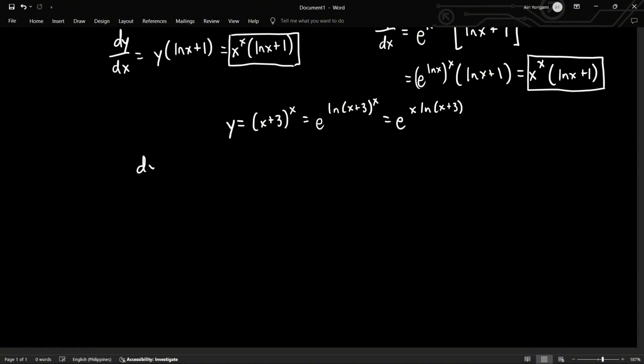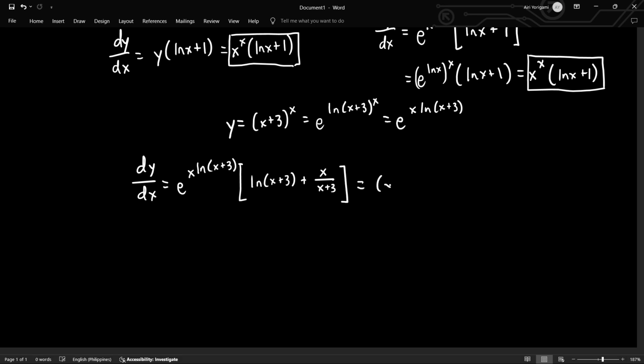Then we use a chain rule. dy over dx is equal to, copy the expression, then multiply it by the derivative of the exponent. This will get ln of x plus 3 plus x over x plus 3 times the derivative of x plus 3, which is 1.